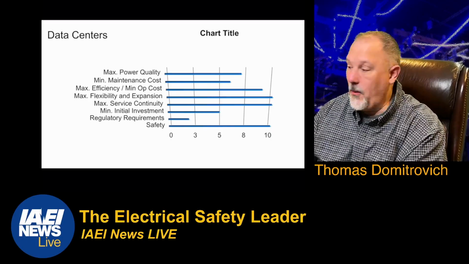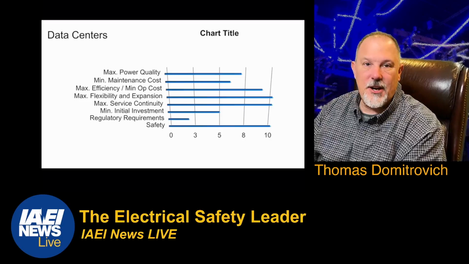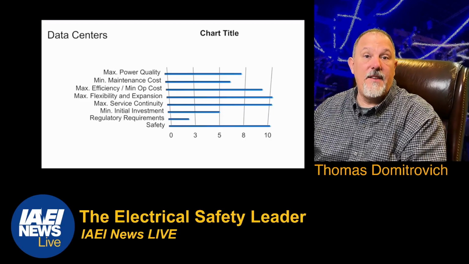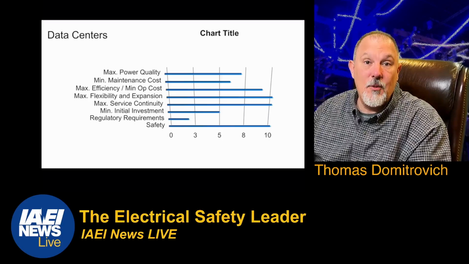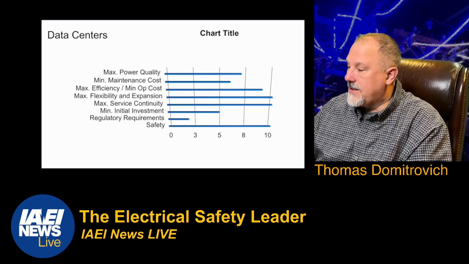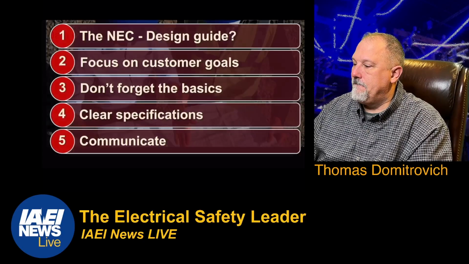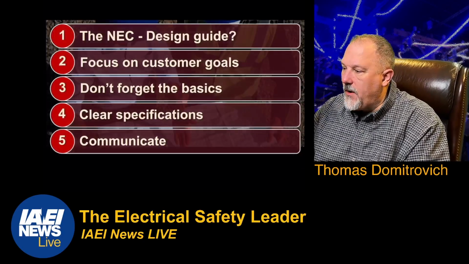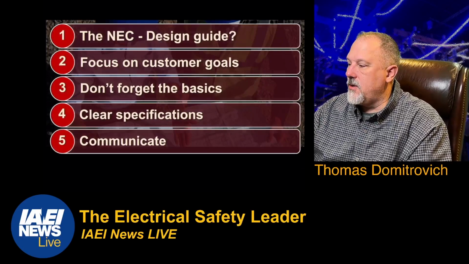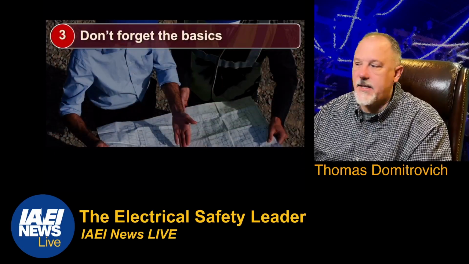They just keep growing. Service continuity, oh my goodness, very important. If your ATM is down when you need it, that would be ungood. And safety is obviously high. So focus on your customer goals. Understand that meeting those customer goals is important.